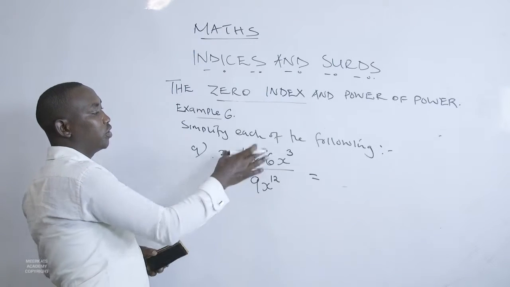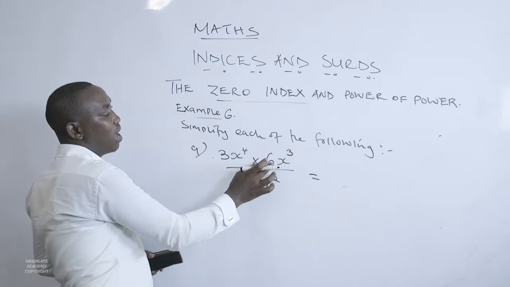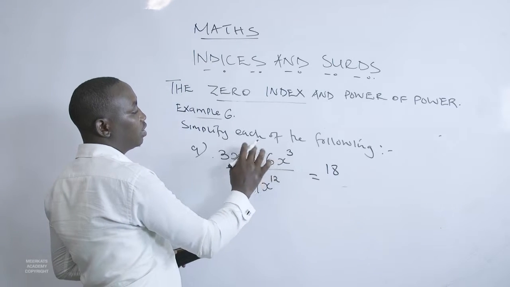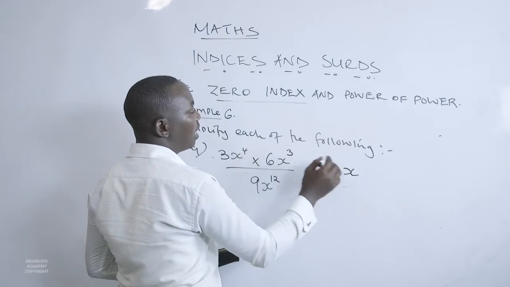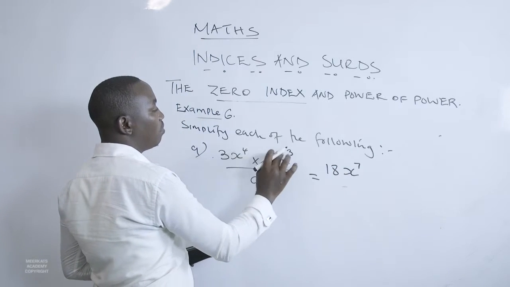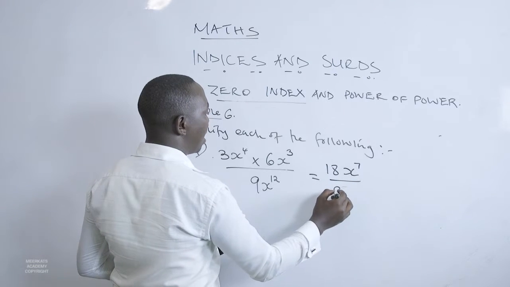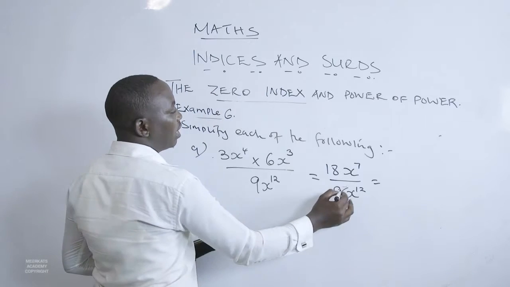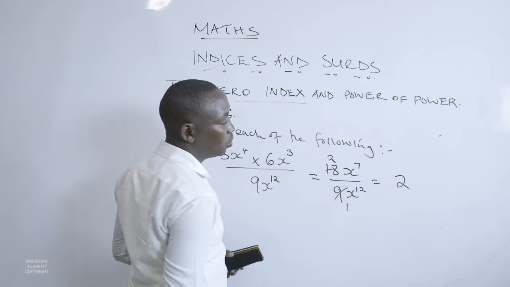So in solving the numerator, we have 3 by 6, which will give us 18. Then x raised to 4, x raised to 3. Because of multiplication, we are going to add the powers. Therefore, 4 plus 3 will give us 7. We divide by 9, x raised to 12. So 9 will go into 18 twice, so we shall have 2.